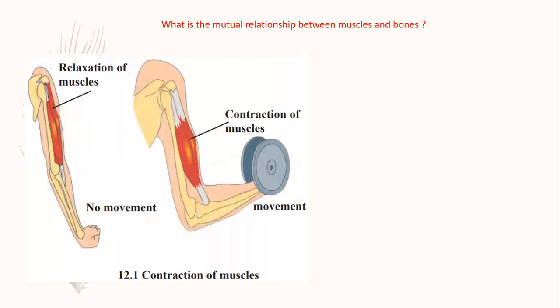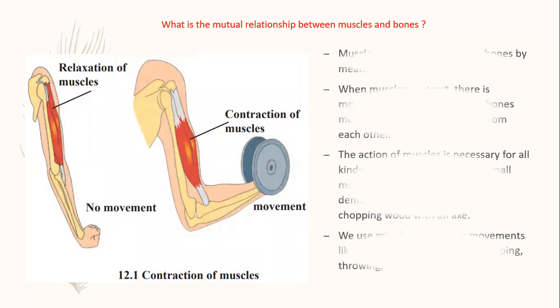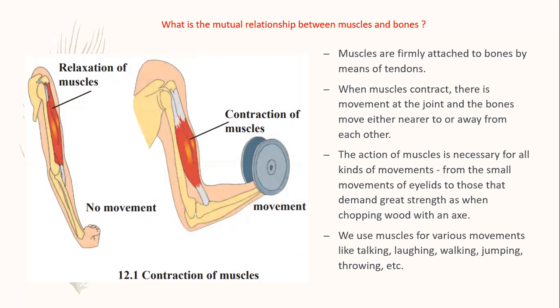So here, as you can see, girls, in this picture in your textbook, I hope you are sitting with your textbooks. As I was saying, in this picture there is relaxation of muscles, meaning if your hand is downwards and you're not moving it, you're just closing your fist, as you can see over here.